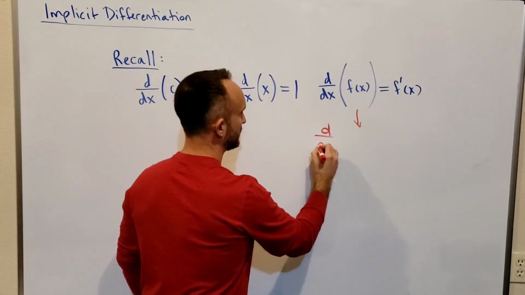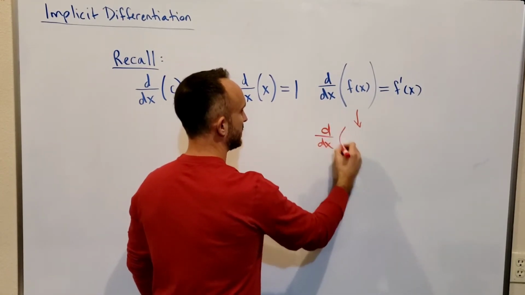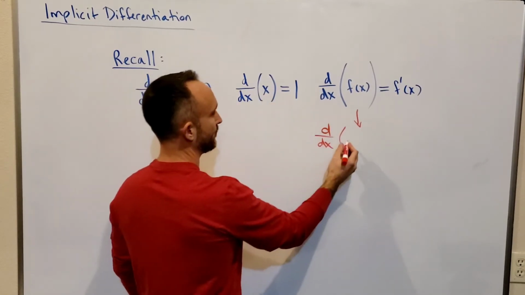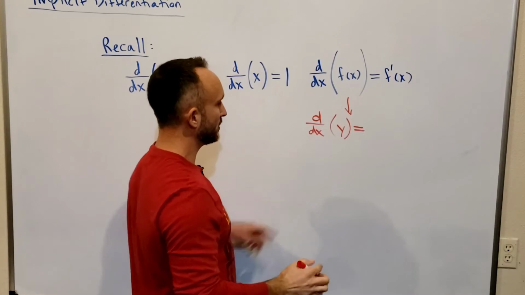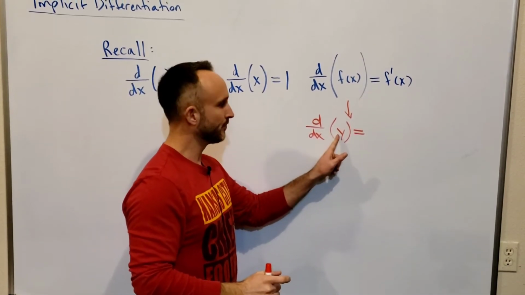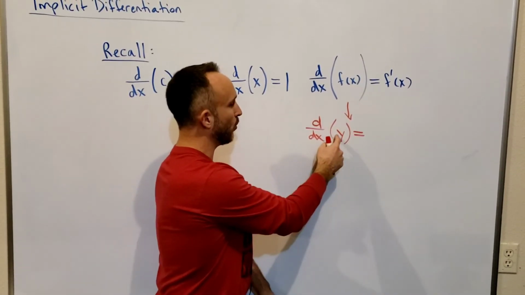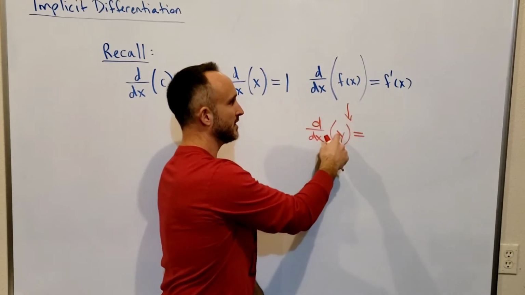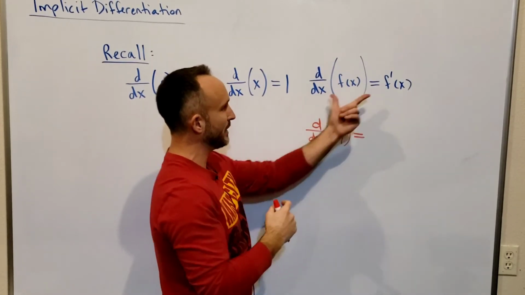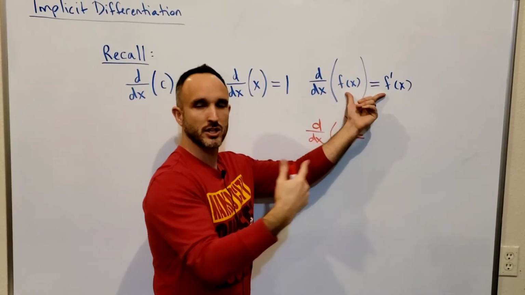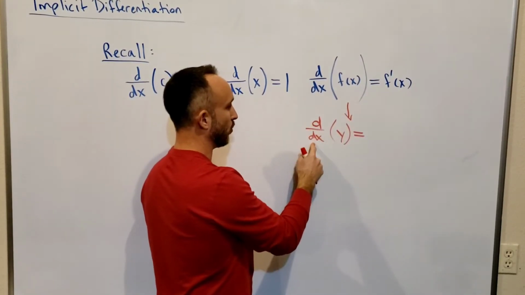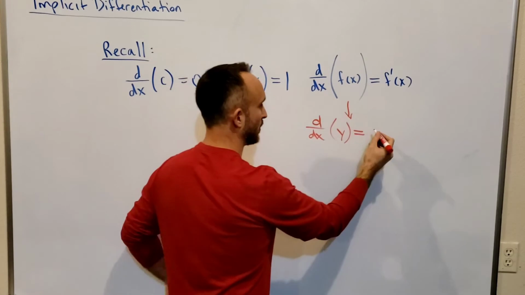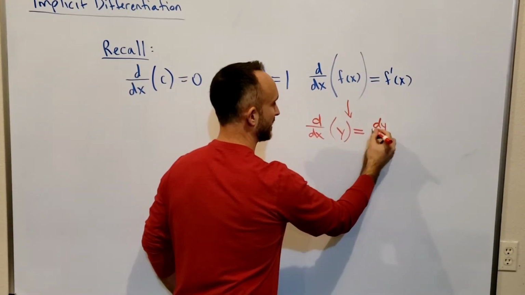So if we want to now differentiate, and this is the point of all of this explanation, if we want to differentiate y with respect to x, well, see, the variables don't match. But we know that y is a function of x. So when we differentiate y, it behaves just like this differentiation of the function f. In fact, the derivative of y with respect to x, well, it's just dy dx.